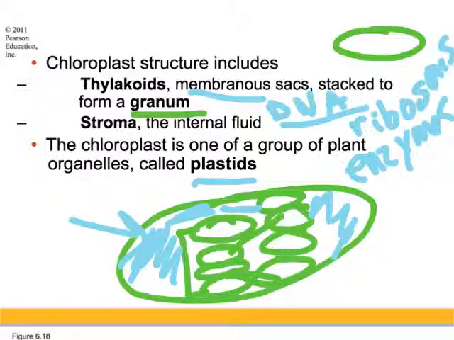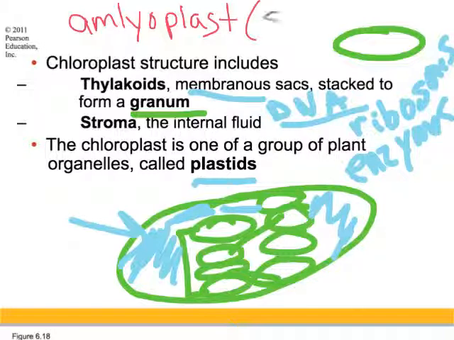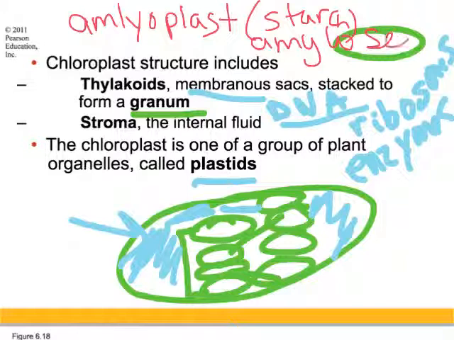So we have something called an amyloplast, and it actually stores starch, so it's colorless, or you can think of starch as amylose, a sugar. A lot of roots will have amylose in them.